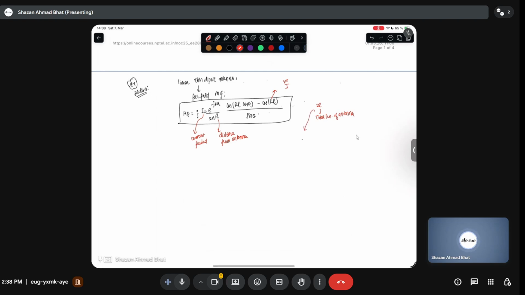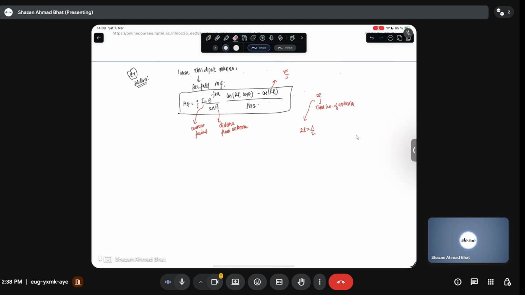So this 2l is given as lambda over 2. Essentially you have l equal to lambda over 4, and therefore k times l is 2 pi over lambda into lambda over 4. So you get kl equal to pi by 2. This is the phase term, kl, inside the cos term.